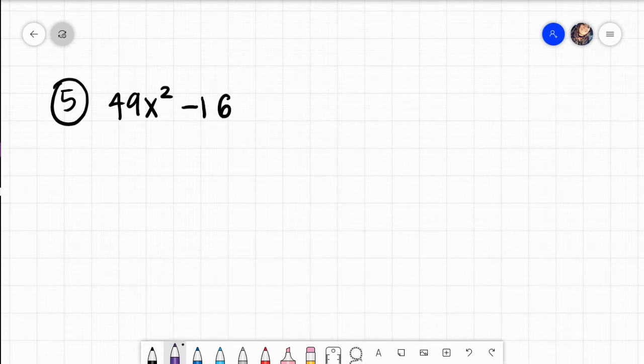And the way we're going to do that is let's identify our a squared, which is 49x squared. I know that I'm going to take the square root of a squared. Sorry, I was reading.